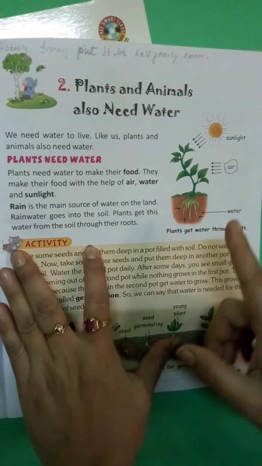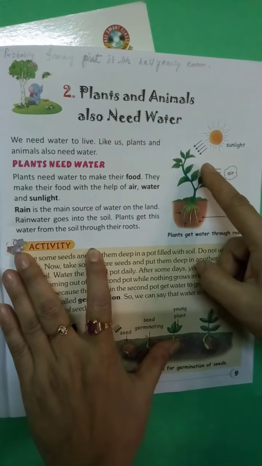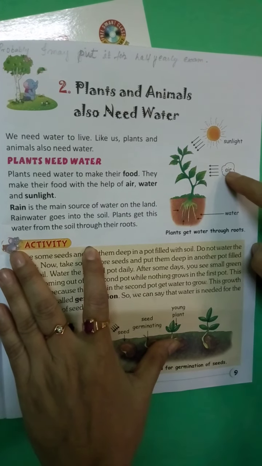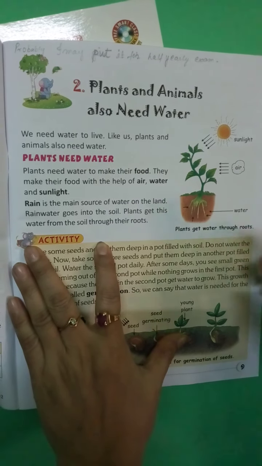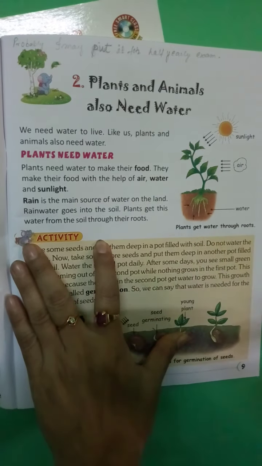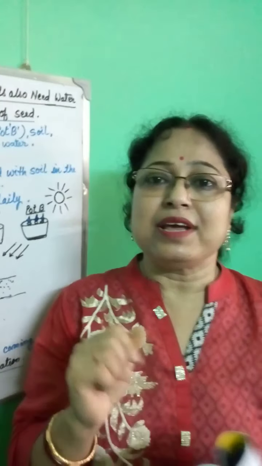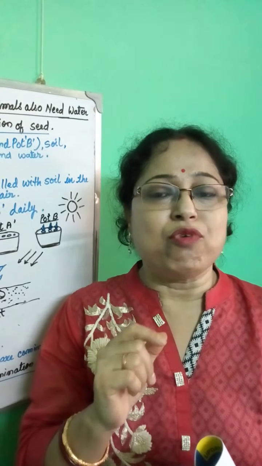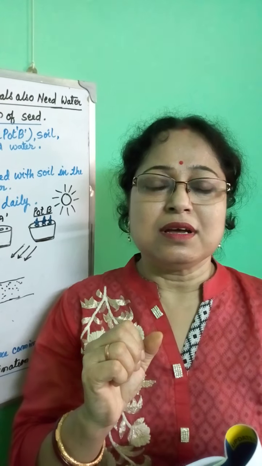Plants grow in the presence of sunlight, air and water. From where do they get water? As you know, students, rainwater is the main source of water on the earth.